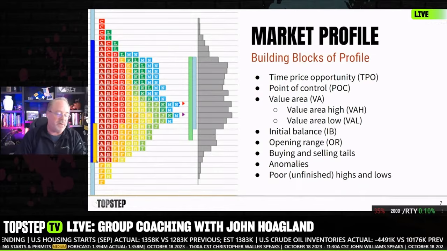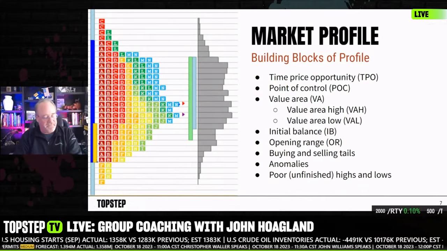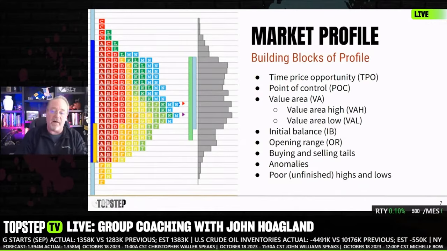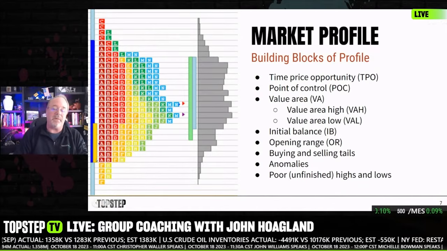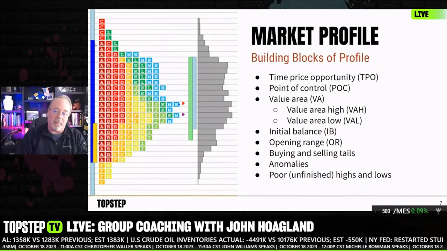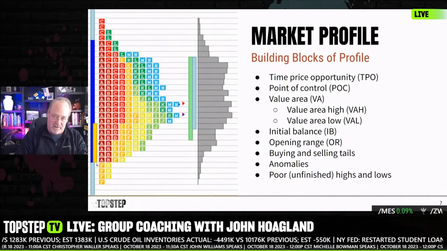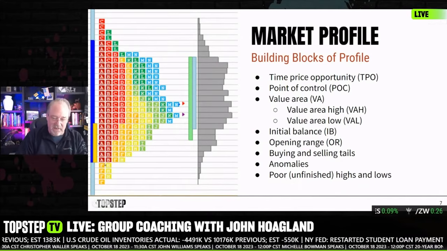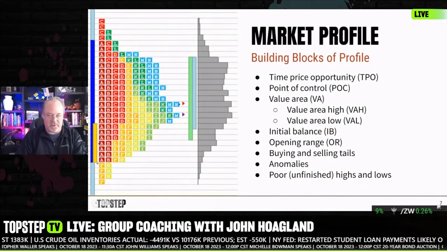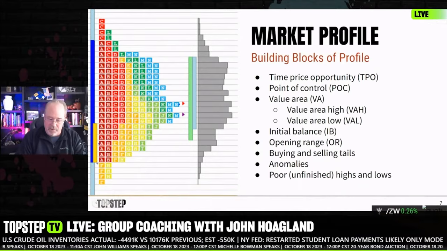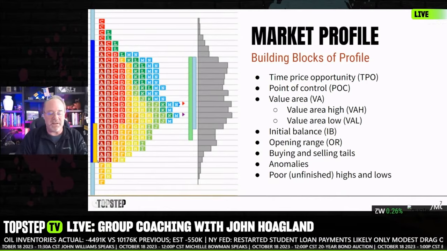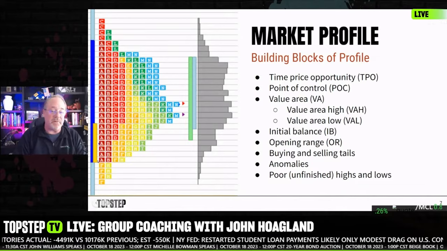Some people look at a 30-second opening range. Some look at a 5-minute, a 10-minute, a 15-minute opening range. Some people actually call the initial balance the opening range. Be consistent in how you use the opening range. Therefore, you'll get consistent results and consistent information for review.